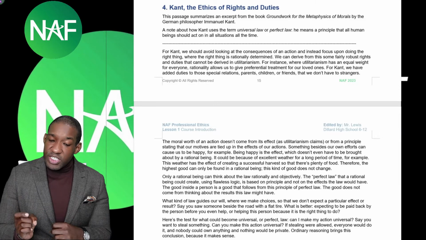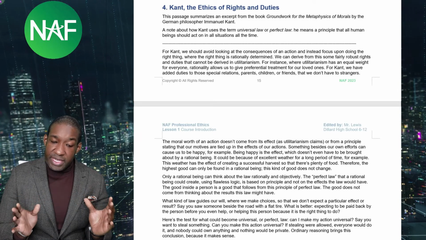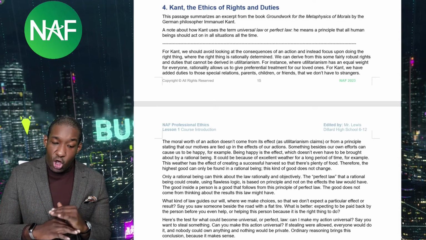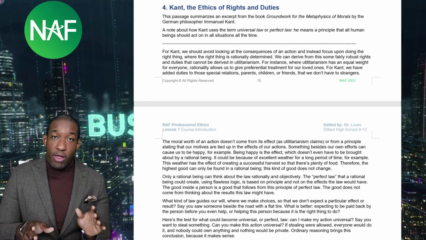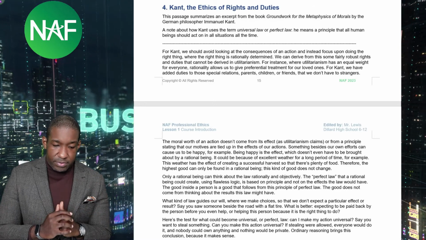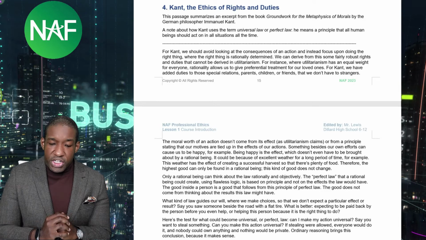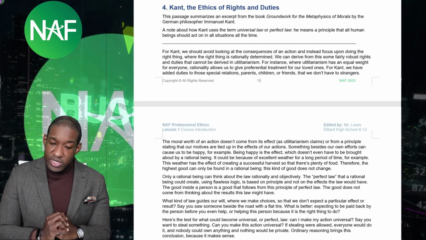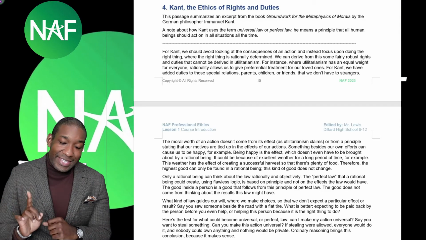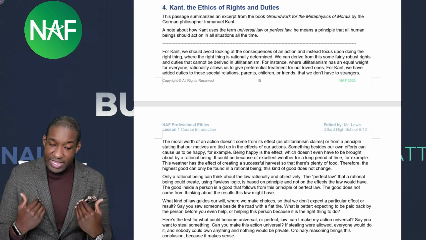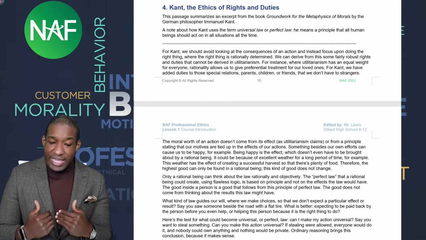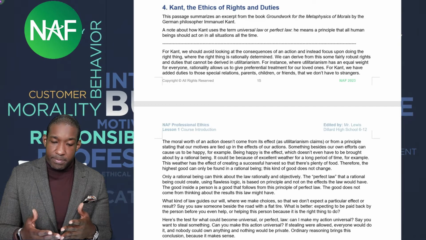He means a principle that all human beings should act on in all situations all the time. For Kant, we should avoid looking at the consequences of an action and instead focus upon doing the right thing, where the right thing is rationally determined.